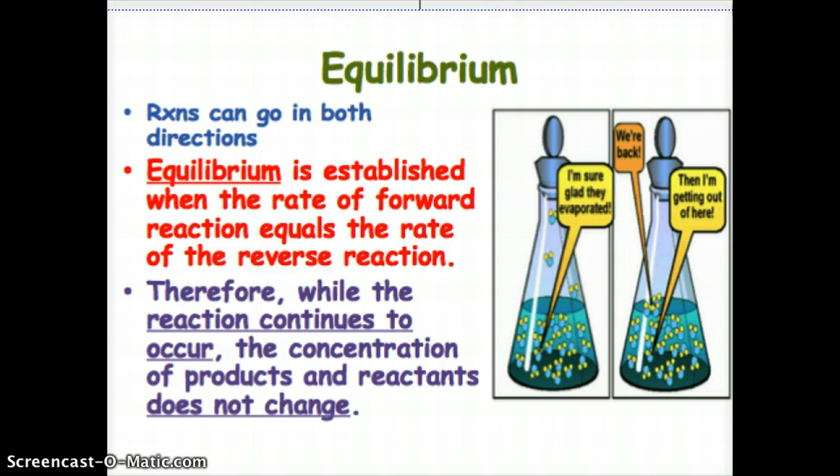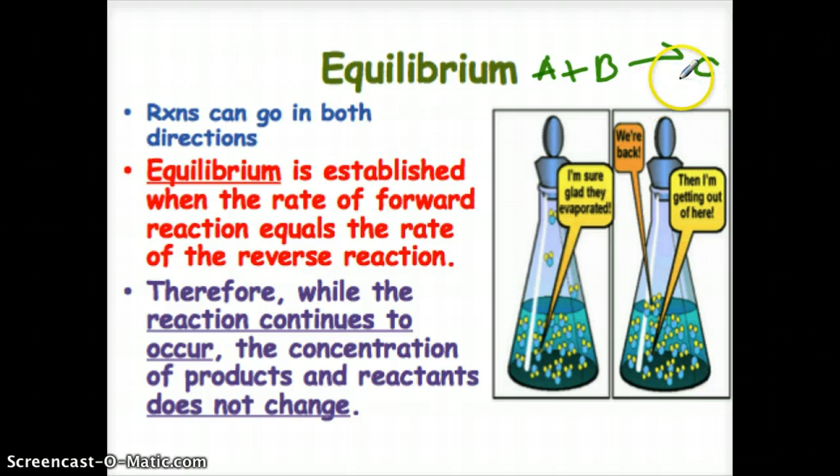But in reality, reactions can actually go in both directions. A plus B makes C, but C could also go back to A and B. So it should look something like this. A plus B makes C, right? But in reality, C can go back and turn into B and A.